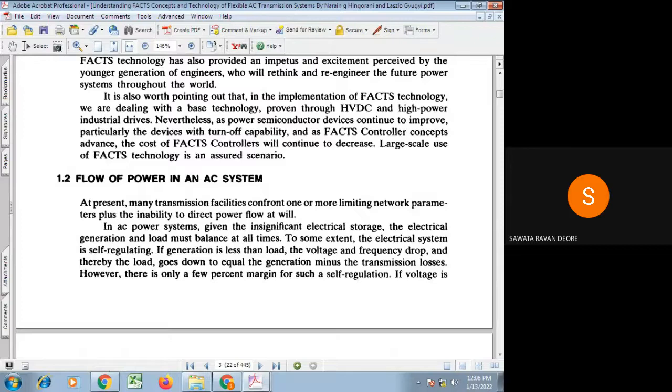So how the system frequency is sensed by the speed governor, and according to that, how the hydraulic mechanism is operated through a linkage mechanism in order to open or close the valve which is feeding steam to your steam turbine.